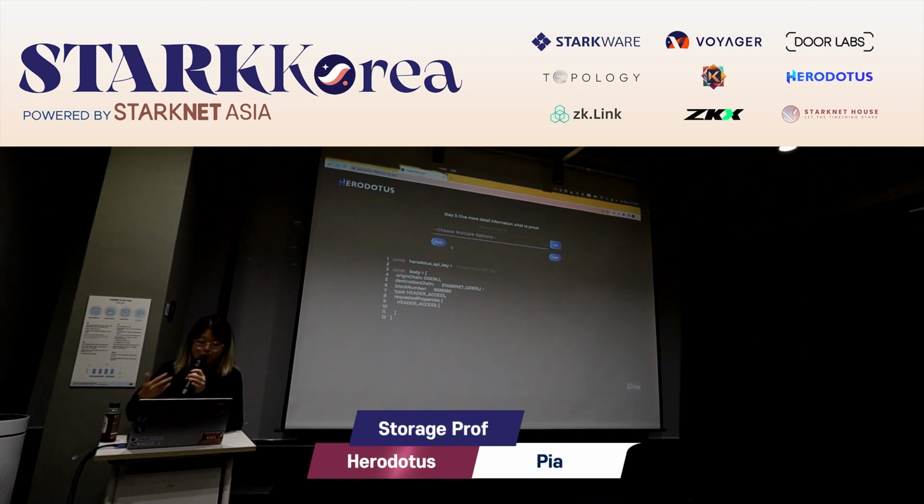You can literally make multiple proofs using our API. And for the account, you just need to put the account or contract that you want to access. Right now I don't have my wallet, so you can also put the ENS in here. We support ENS.